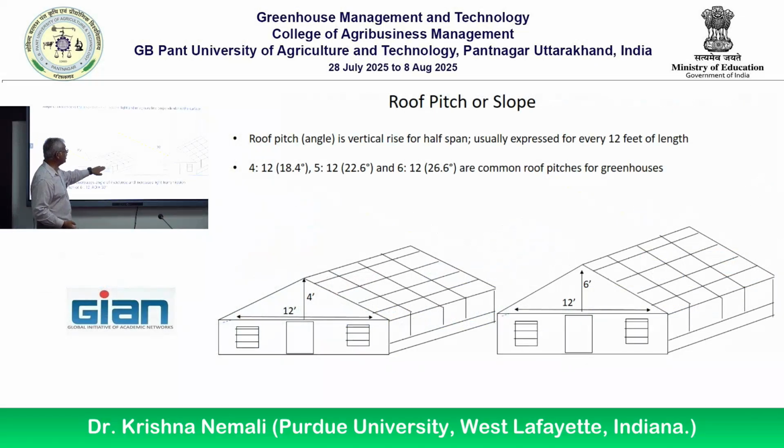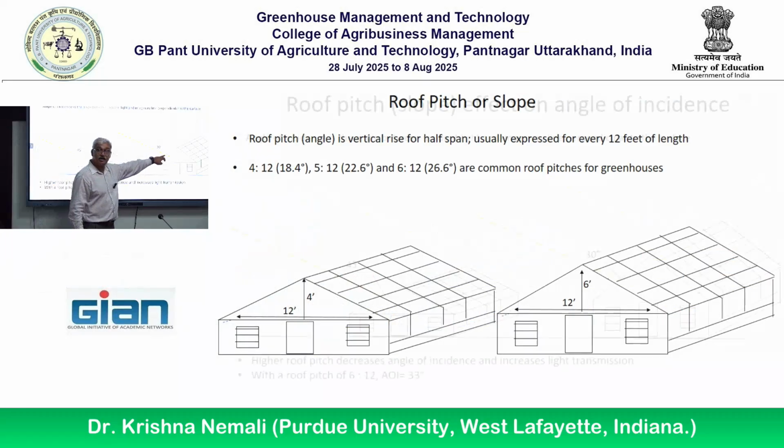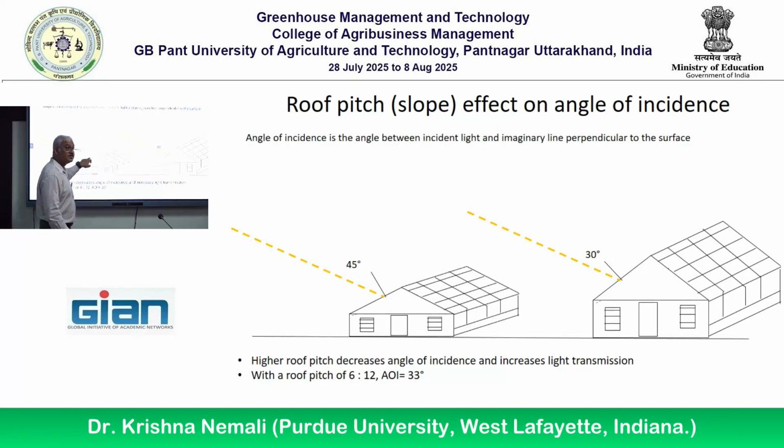Pitch is lower here, pitch is more here. Now you see the angle of incidence, it is 45 for this, and here the angle of incidence is only 30 for this. What happens to light transmission if the angle of incidence increases? Reflection goes up, right? Which means transmission goes down. So you see here there is more transmission in this greenhouse, less transmission here. That's why pitch is so important.